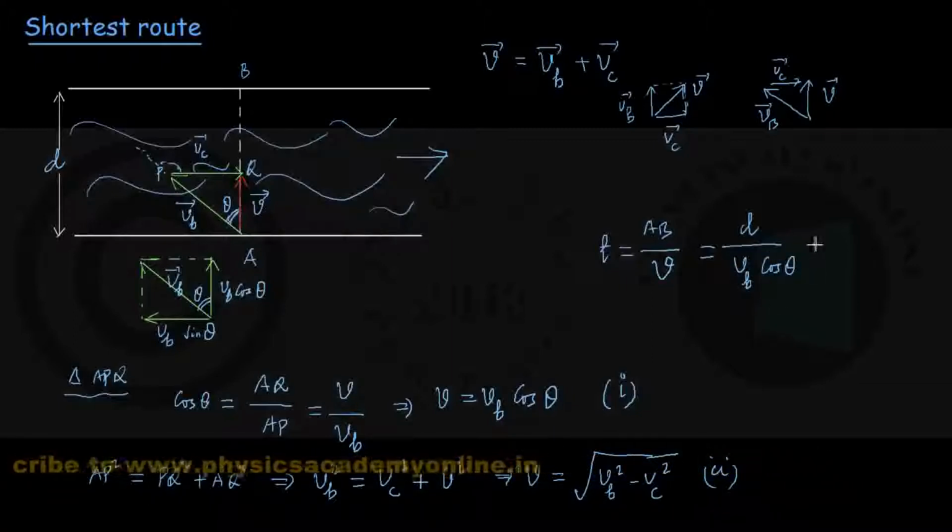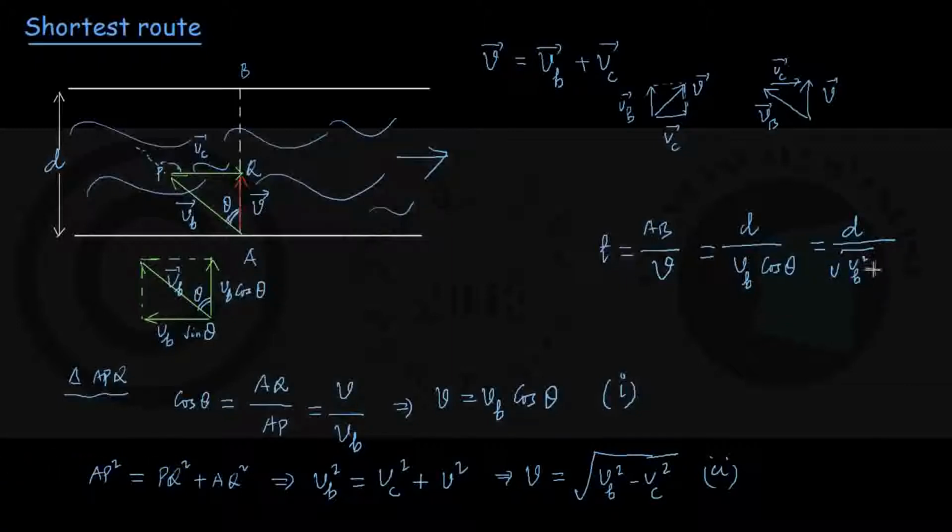Or I could even write this as D, the width of the river, divided by the square root of VB square minus VC square.